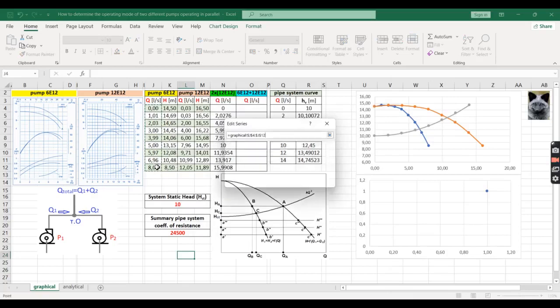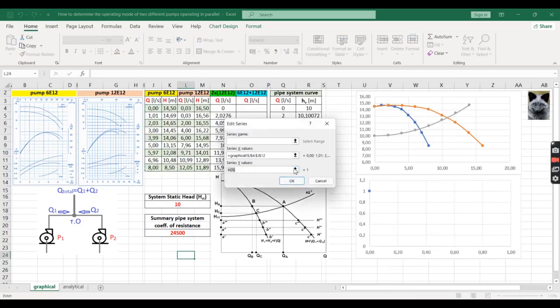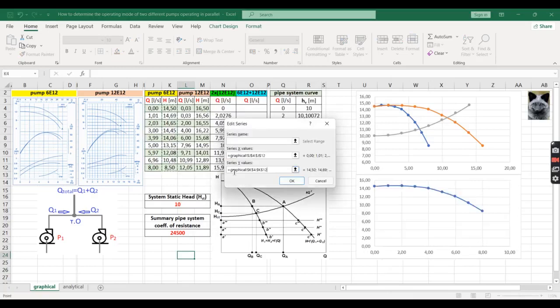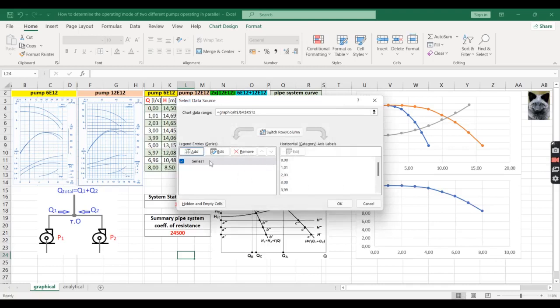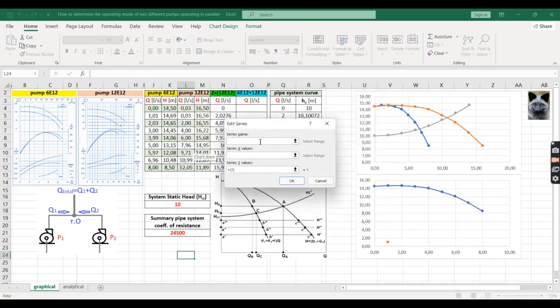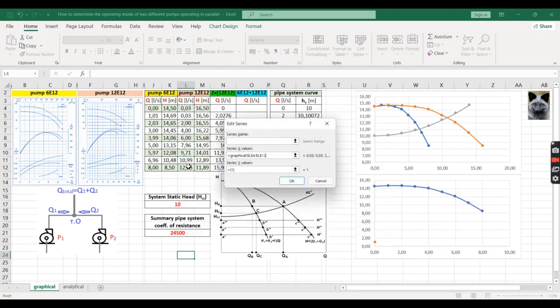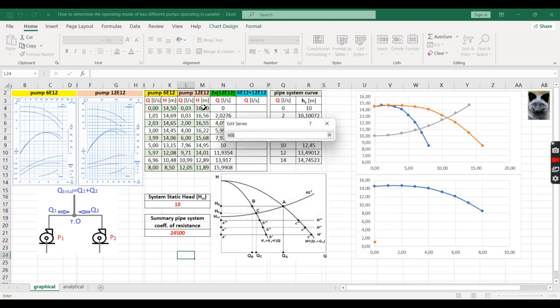So we can insert the Q data and the relevant H data. And here it is. Now let's move forward to the next one. This is the head curve of a pump 12E12. So the Q data and the H data.